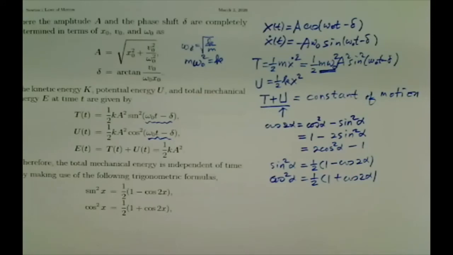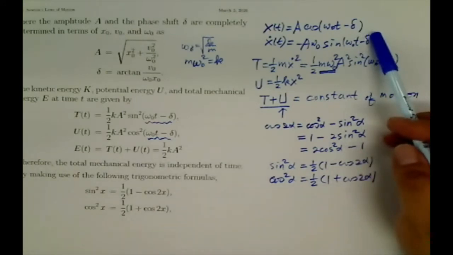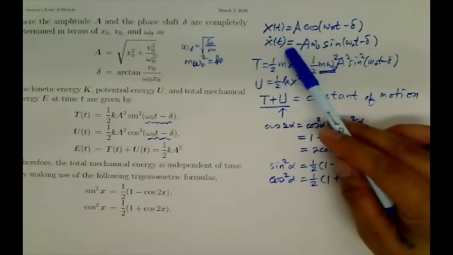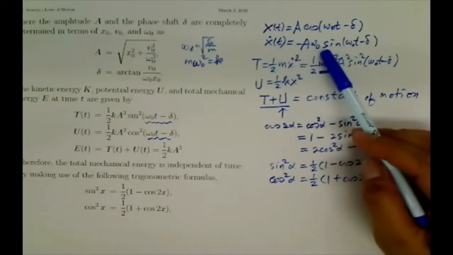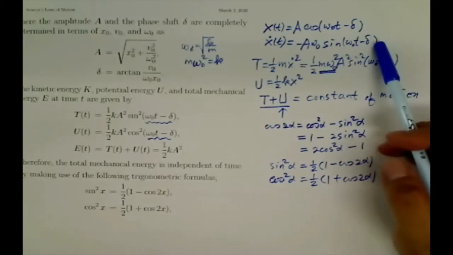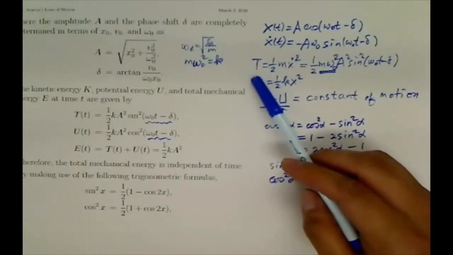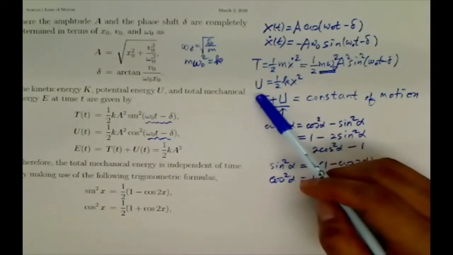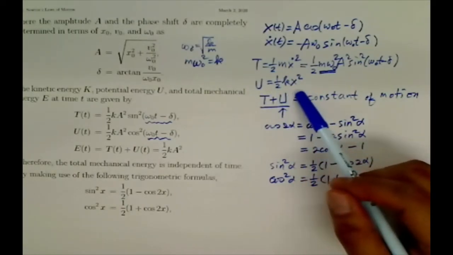And the velocity of the mass is the first order time derivative of the displacement, so cosine is replaced with sine with an additional factor minus omega 0. We can make use of these expressions to compute the kinetic energy 1/2 mv squared and potential energy 1/2 kx squared.